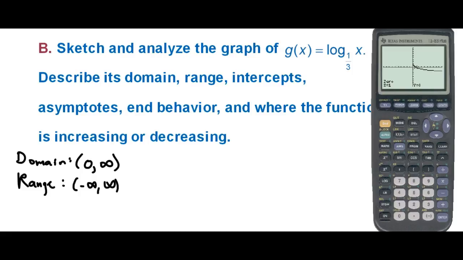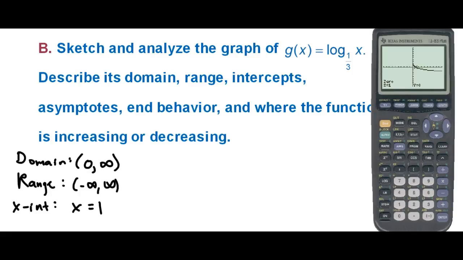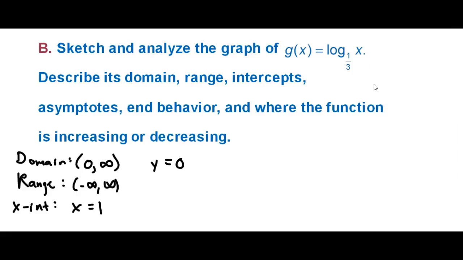So that tells me that I have an x-intercept at x equals 1. I have an asymptote here clearly at the line y equals 0. And then I have end behavior.